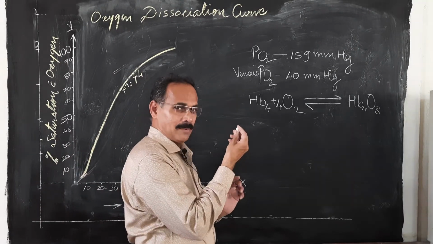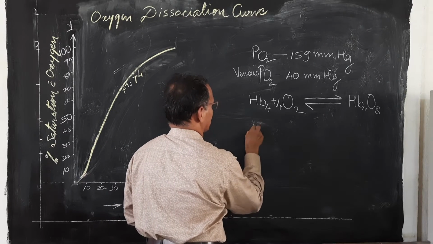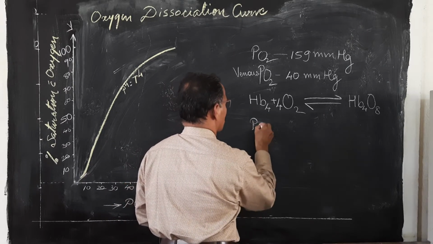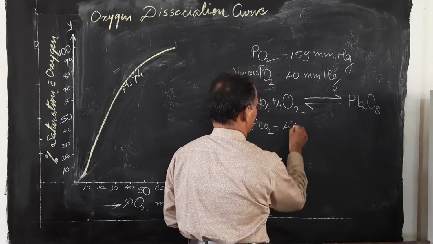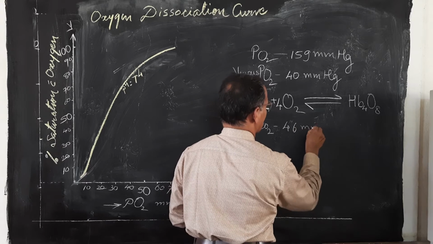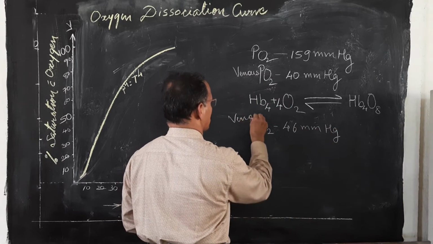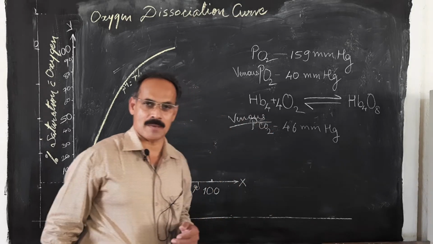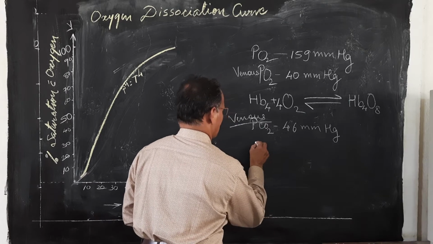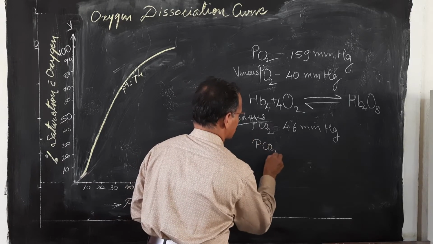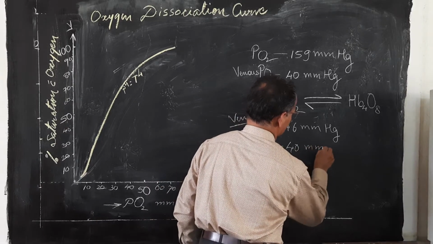In the same manner, on the surface of alveolar air, the partial pressure of CO2 is about 46 mm of Hg in the case of venous blood which comes into the capillaries. And on the alveolar surface, the partial pressure of CO2 is about 40 mm of Hg.